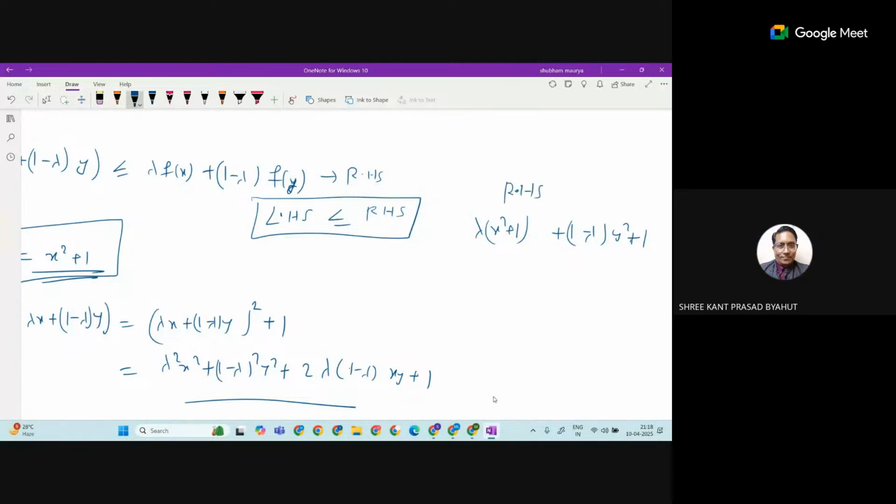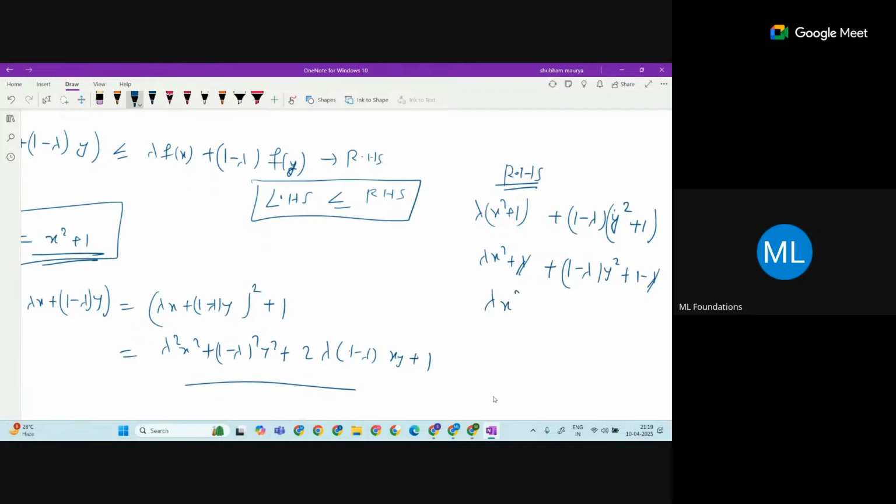So here lambda x square plus lambda, plus 1 minus lambda y square plus 1 minus lambda. So lambda will be cancelled out.